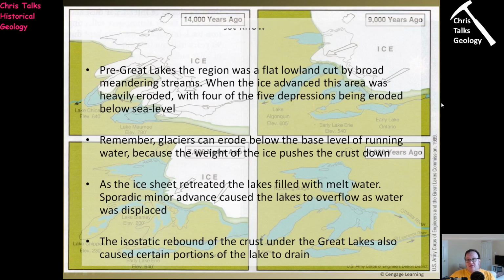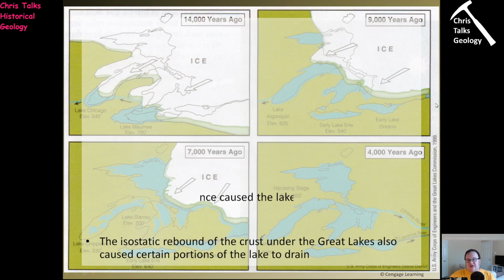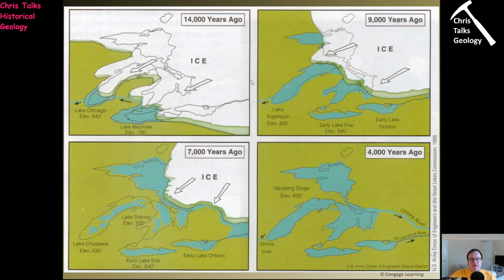So if we just get rid of this here and have a look at the diagram behind, here we go. So a very simplistic diagram, but 14,000 years ago, here's the ice sheet over the top. Now remember, this ice sheet is gouging into the bedrock. It's cutting down below base level. So it means the area of terrain here that's covered by ice is going to be below sea level. So that means water is going to naturally want to flow into the lakes.